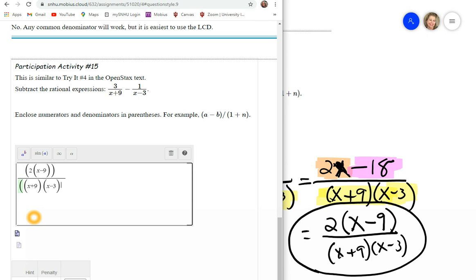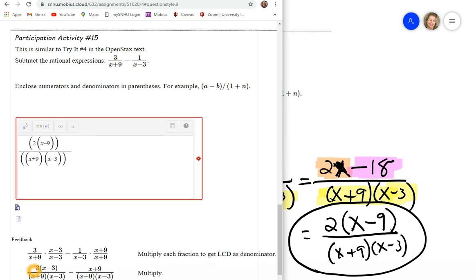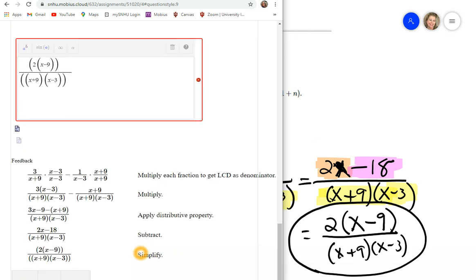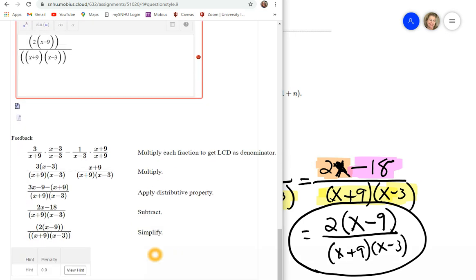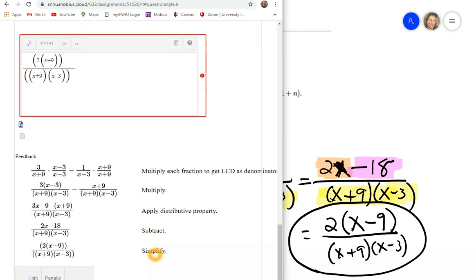It's kind of like having a boss that makes you go, what? Why does he want this? It makes no sense. Okay, now you're gonna like it? It still doesn't like it. What in God's name? 2 times x minus 9. I'm doing exactly what they want.